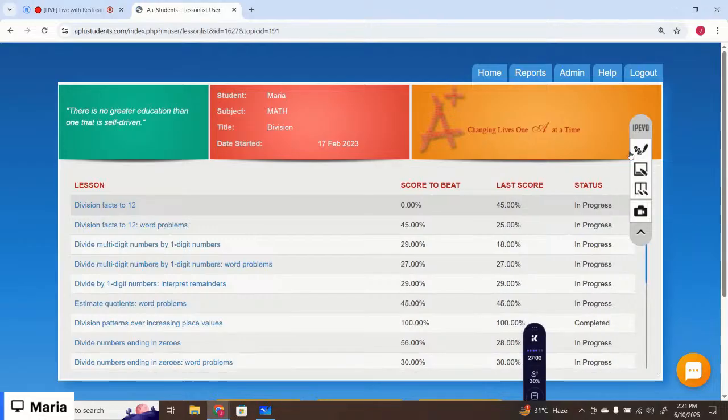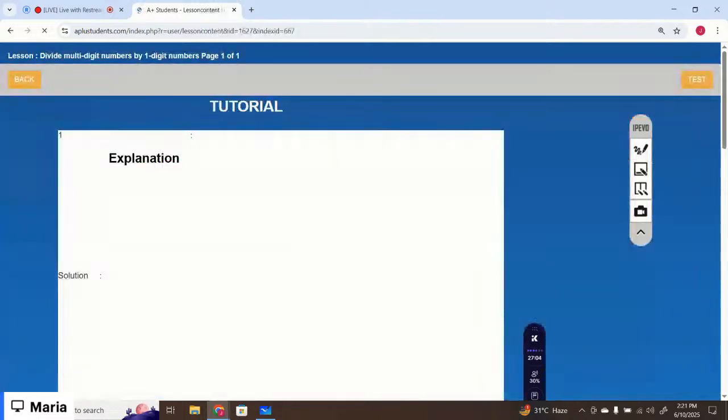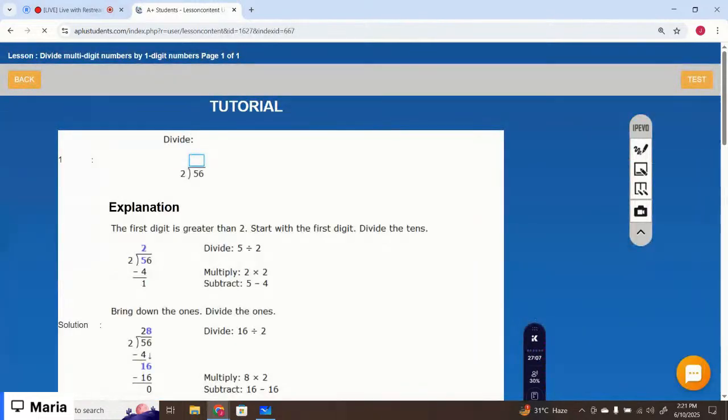That is dividing multi-digit numbers by one-digit numbers. 56 divided by 2.